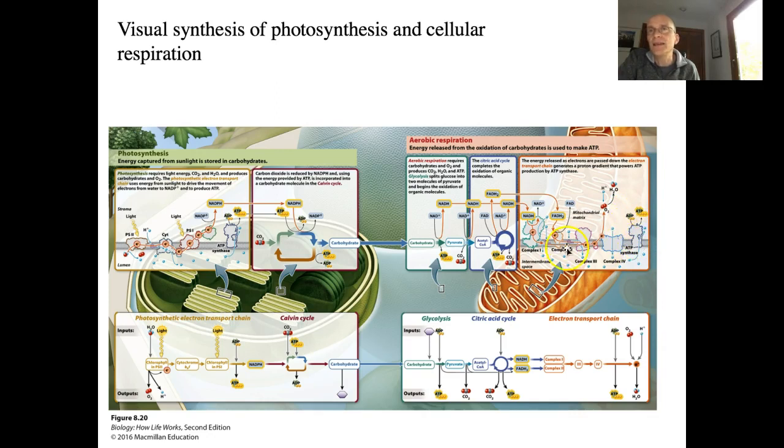So look at this, compare that with what's going on in the plant. And then these reactions down here are essentially the reactions up here, but in a slightly reduced format, so that you can just see the main inputs and outputs.